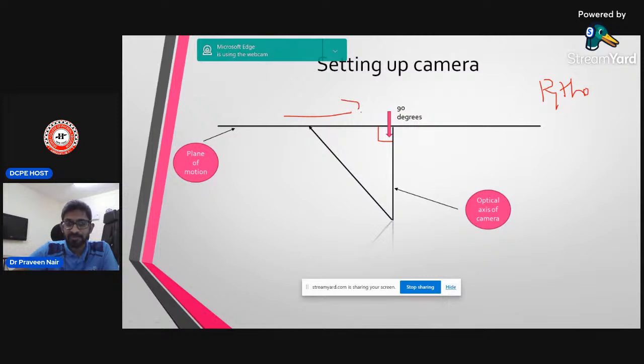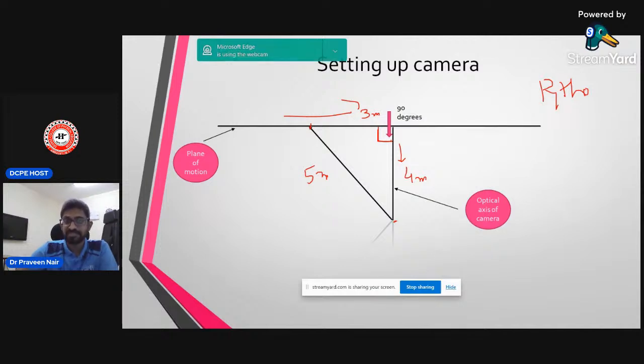You measure, let's say, 3 meters, and then along a straight line almost perpendicular to it, you measure 4 meters. Using Pythagoras, from this end point to the starting point, if the distance is 5 meters, then I would say my camera setup is successful.